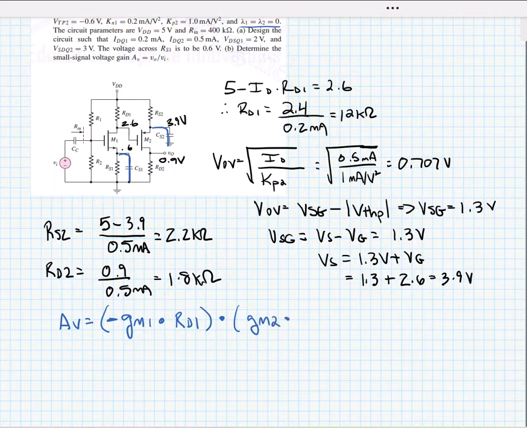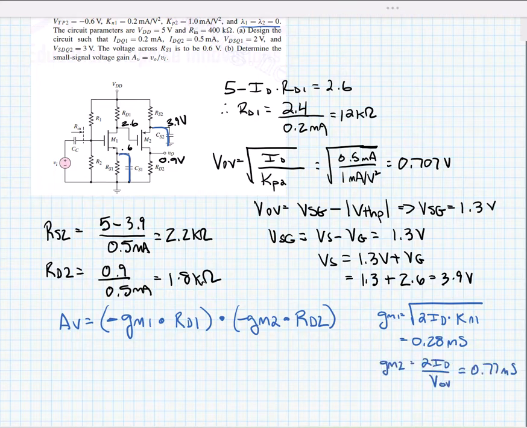All right, so quickly we need to find GM. So we can find GM1 as the square root of 2 ID times KN1, or 0.28 millisiemens. We can do something similar for GM2. GM2 is equal to 2 ID over VOV, or 0.77 millisiemens.